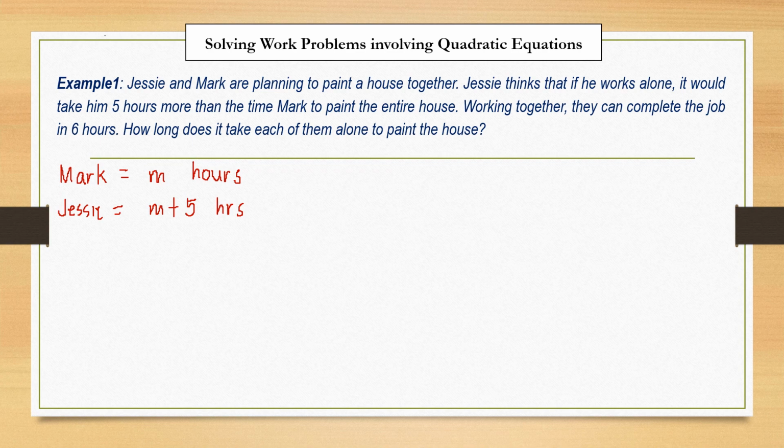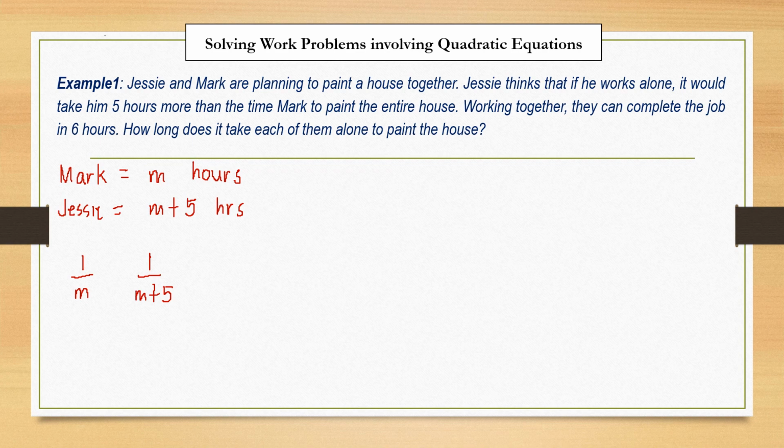Next, how do we represent the amount of work that Mark can finish in 1 hour? So that will be 1 over m. How do we represent the amount of work that Jesse can finish in 1 hour? That will also be 1 over m plus 5.